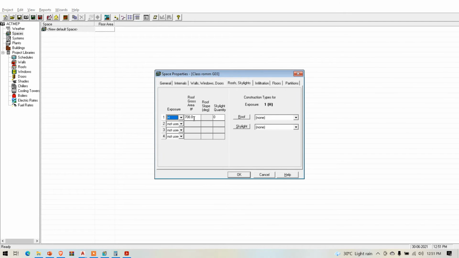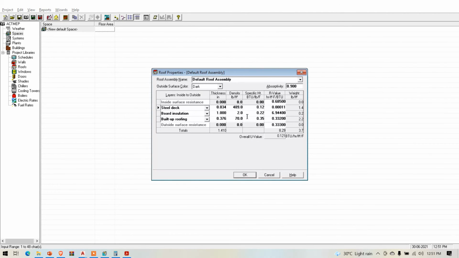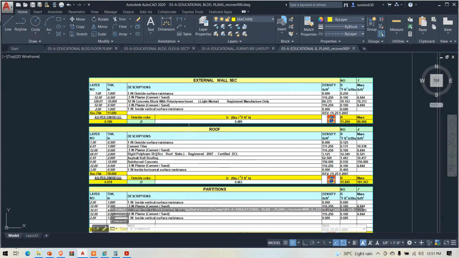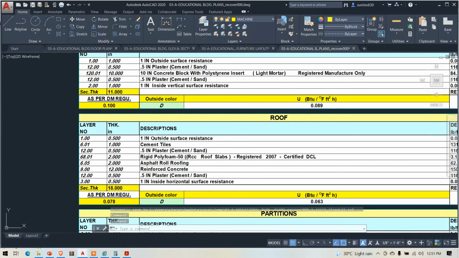Now here we have to give the roof properties again. Select the roof. Again we have to give the input from your architecture values. See here we have the roof values. In total how many rows are there? 1, 2, 3, 4, 5, 6, 7, 8.